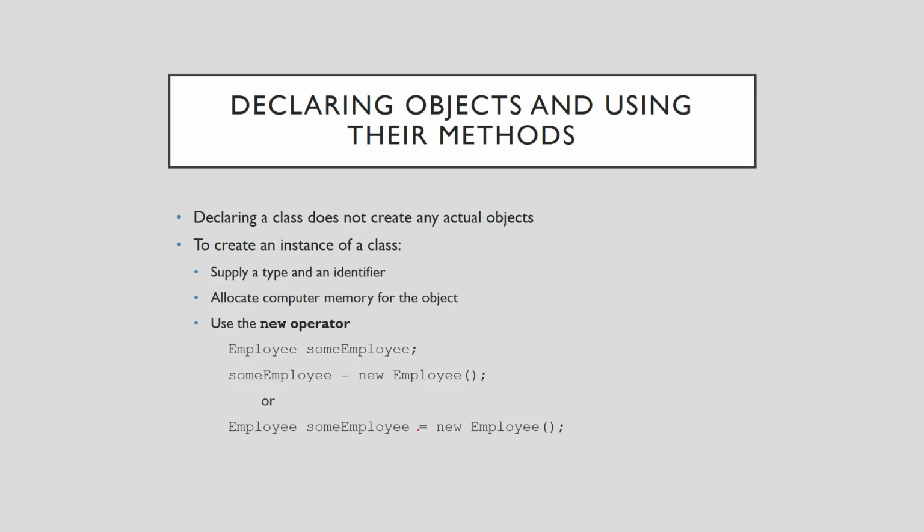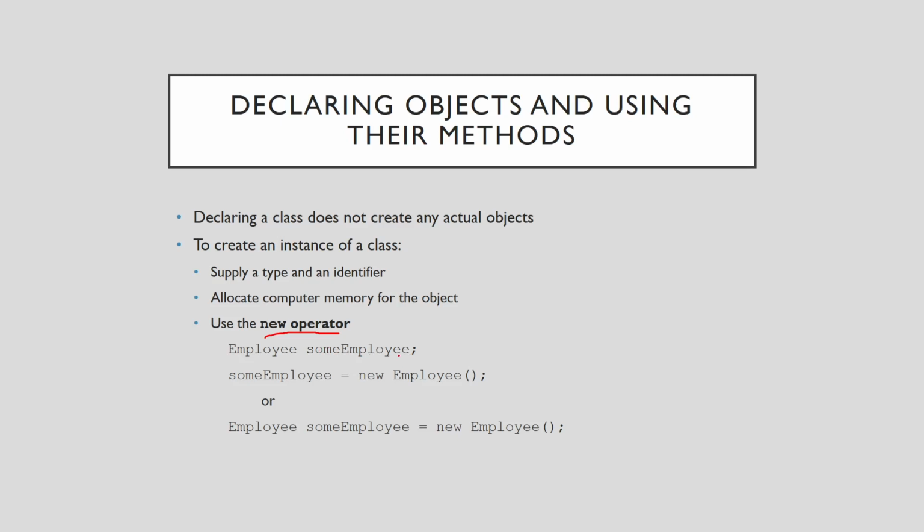Now is using the objects. Declaring the objects to use their methods, we have to use the new operator to allocate a memory address for our object.